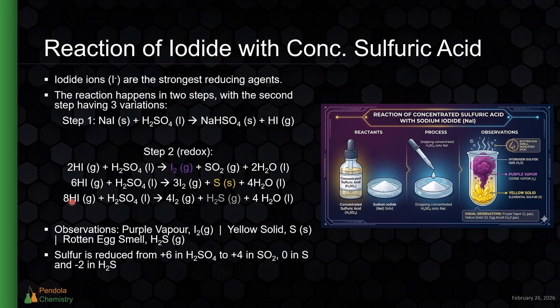But then the hydrogen iodide gas is going to undergo 3 different redox reactions, all with increasingly more negative sulfurs, SO2, S, and H2S, which gives us a wide variety of observations.